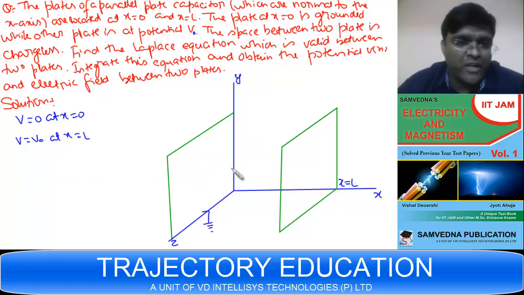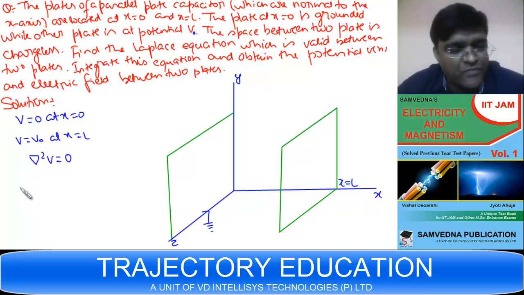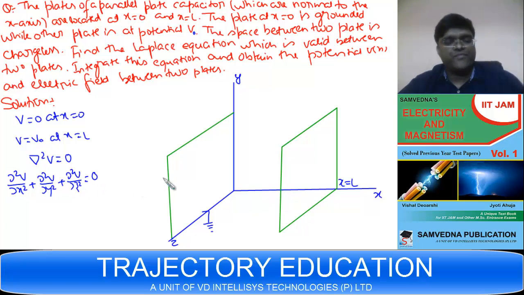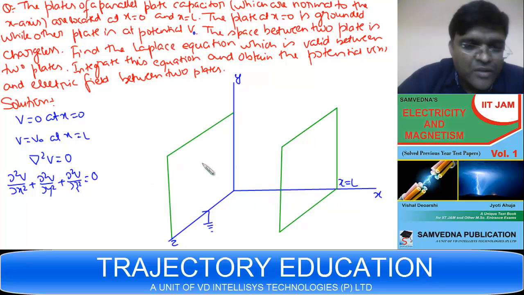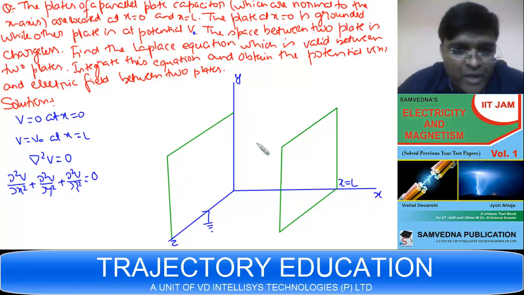Now in the region between the two plates there is no charge, so I can apply the Laplace equation, del square V equal to 0. Now you see that V is 0 at x equal to 0 and V is V naught at x equal to L. This means on this whole infinite plate in the YZ plane, at every point of this plate V is 0.